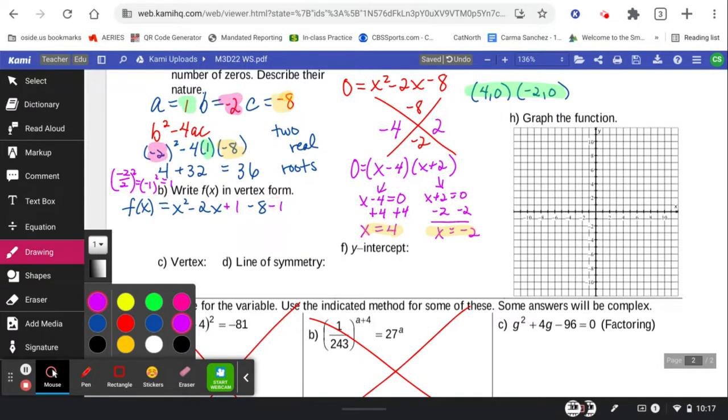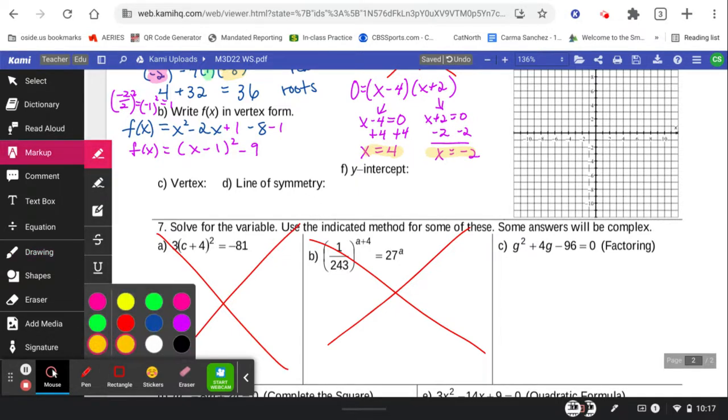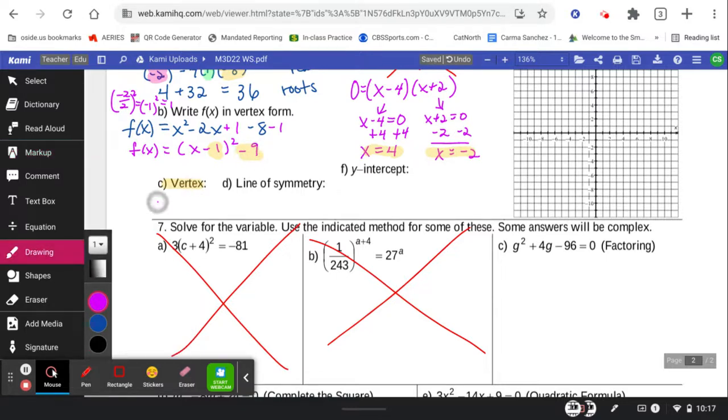I'm going to add 1 and subtract 1 to balance. That makes the x minus 1 squared perfect, minus 9. There's my vertex form. So what's my vertex? It's right there and right there. So my vertex is (+1, -9).